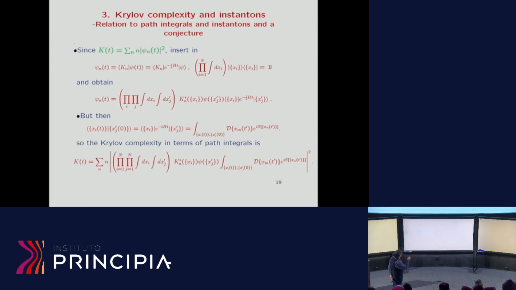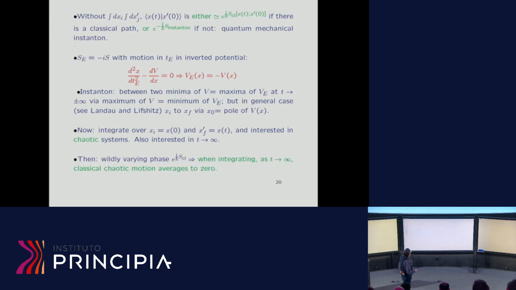And then for this transition amplitude between x and x prime of the e to the minus i H t, we have the standard path integral formula derivation that everybody knows. So therefore, we can write a formula for the complexity that looks rather ugly, but involves this path integral. Now, let's think about what that implies.